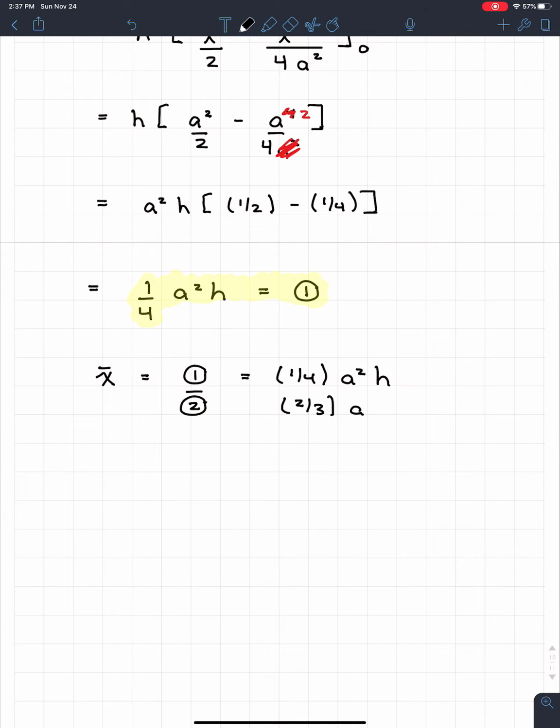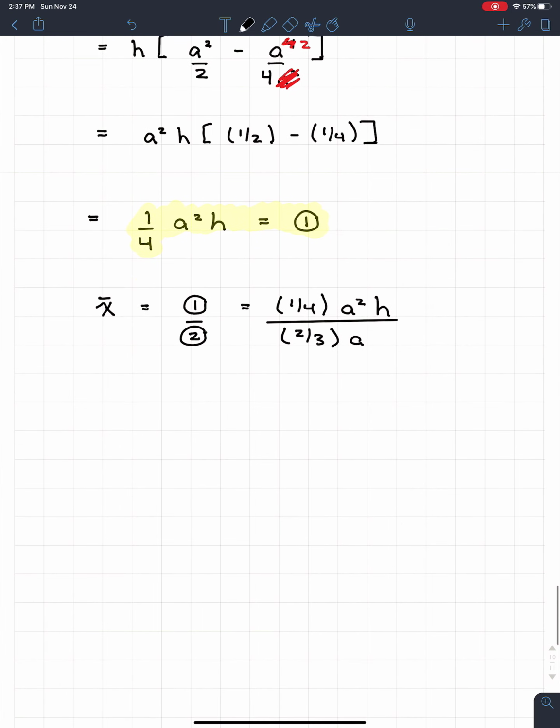Oops. The quality of this video is drastically decreasing. Alright, go like that. And there should be an h at the end here. So what we do is we're going to find out that x bar, unsurprisingly, is equal to 3/8 times a.